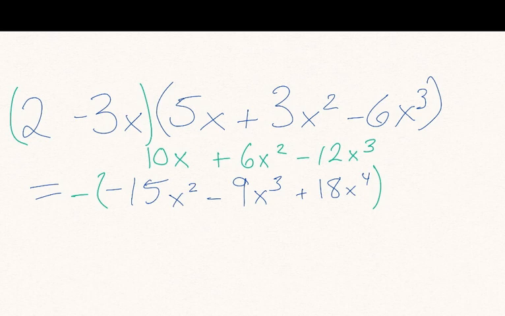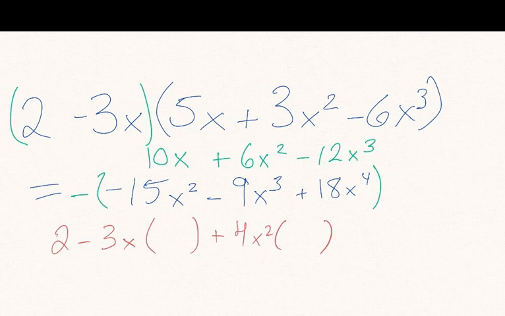So when you have 2 minus 3x times something, imagine I now write plus 4x squared times something.